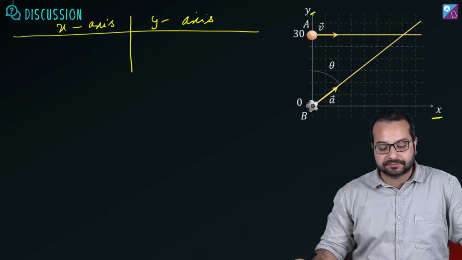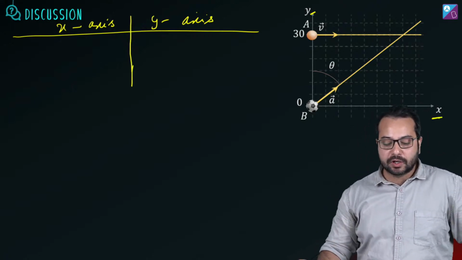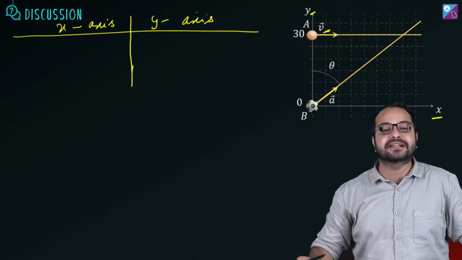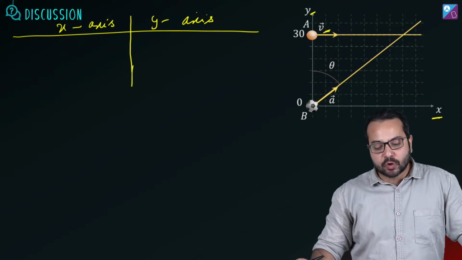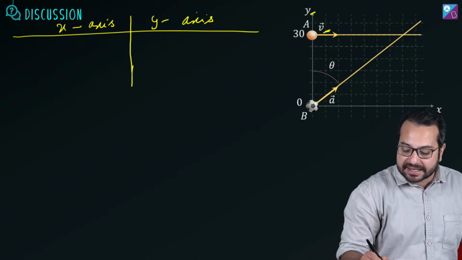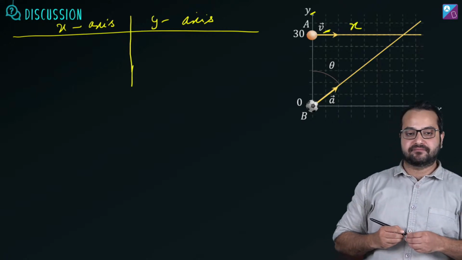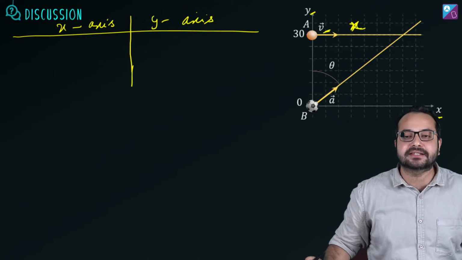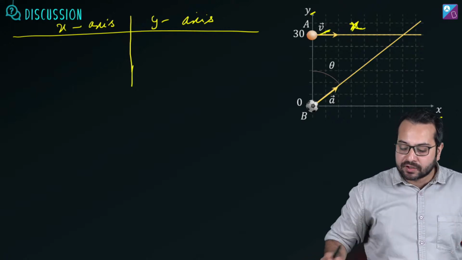Let's start. What is the motion of this particle? This particle is only moving along the x-axis. Is that correct? So what can we write about the motion of this particle? Let's say it has covered a distance x along the x-axis. And its velocity is also given to us.